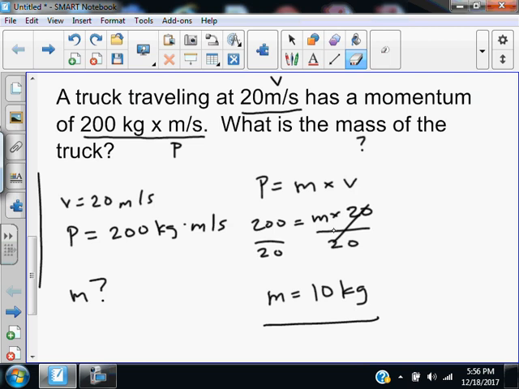So just a really simple one-step pre-algebra hurdle for you here. You just have to divide the 20 to the other side and find out that the mass is 10 here. This is a different iteration of this problem, right? Because now we're not able to just multiply to find our answer. We're using the same equation, but we're having to move a variable, velocity, over to the other side to find how much mass this object had.